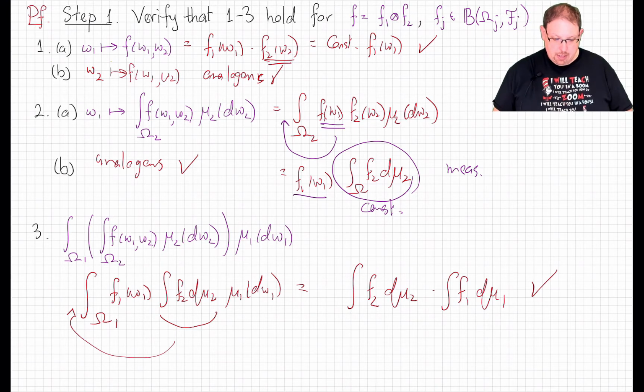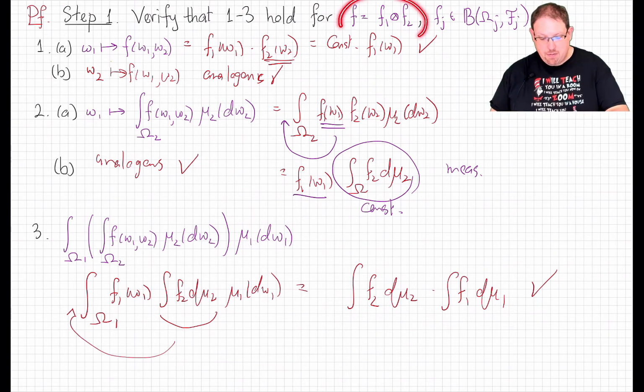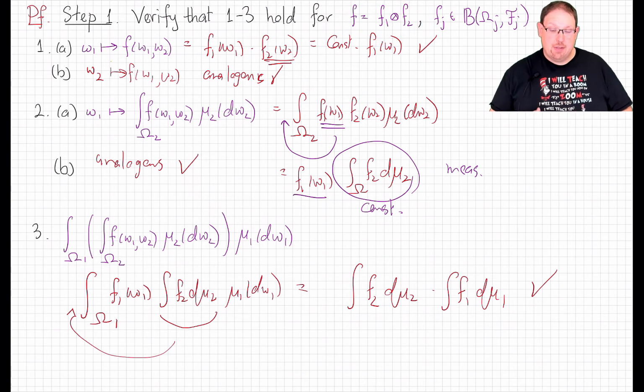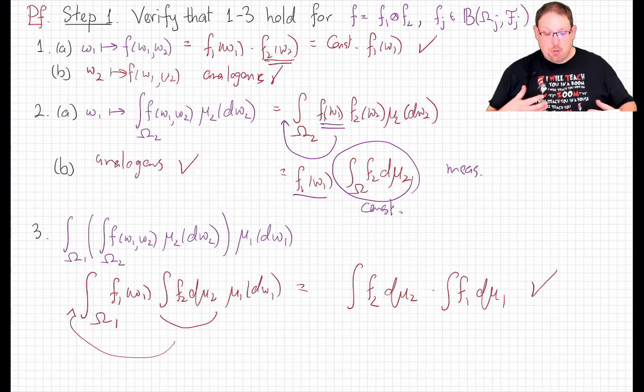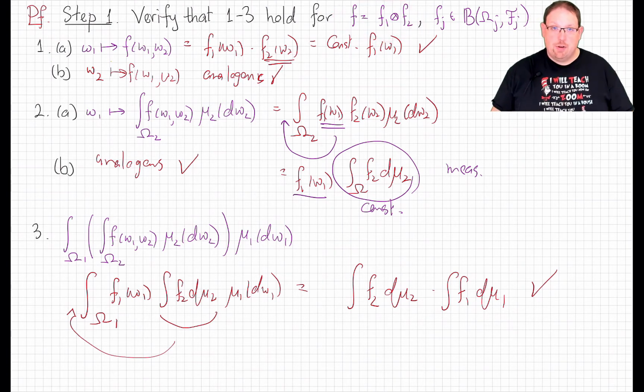Okay, so now what do we do? We wanted to verify these hold for any product sigma field Borel measurable function, and these form a very small class of those. So if we were thinking like analysts, what we would try to do now is show directly that any appropriately measurable function can be constructed out of these in an integral-friendly way.